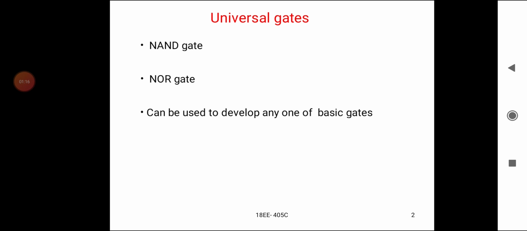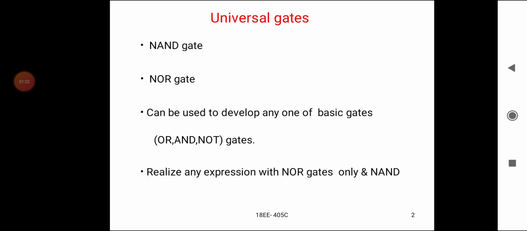They can be used to develop any one of the basic gates: AND, OR, and NOT gates. Realize any expression with NOR gates only and NAND gates only.